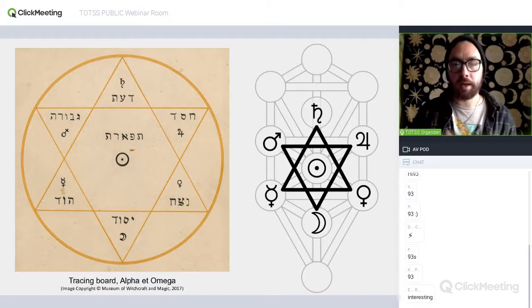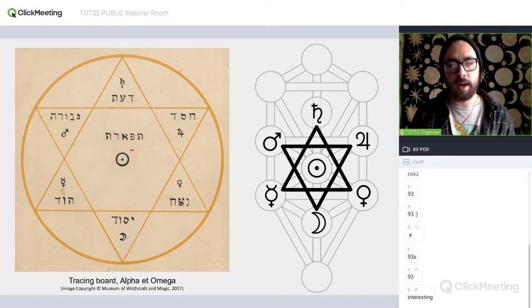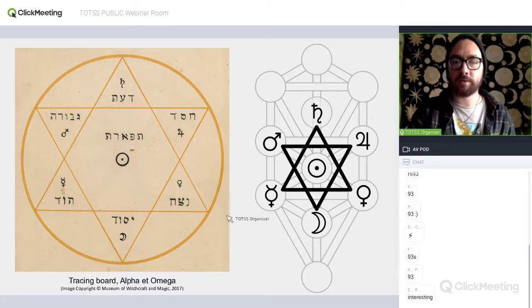So on the right there, you just see the hexagram superimposed onto the tree of life with the attributions exactly as we were just talking about a couple of slides back. And then each point of the hexagram will be attributed to the planet that falls at that point.